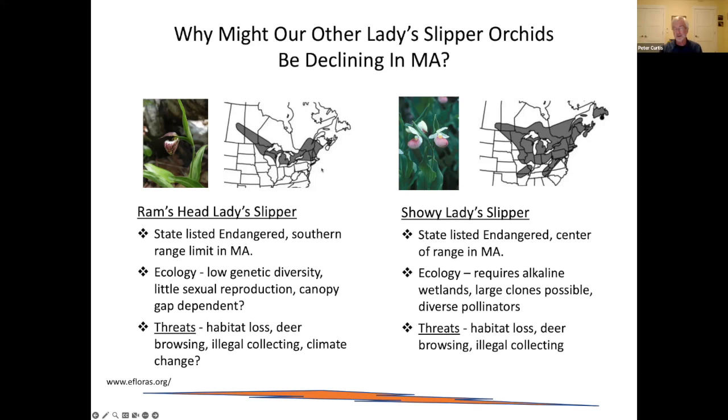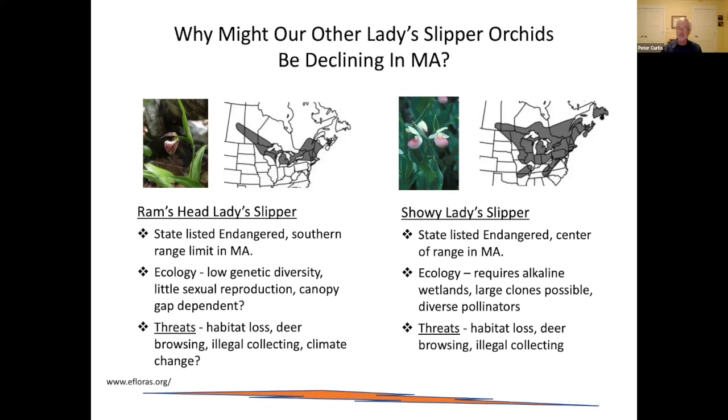Showy lady slipper orchid, the other one that we considered, doesn't share that same distribution. So we can't think about ourselves being at the southern range limit. It's also state endangered. Its ecology, though, is also particular. It requires alkaline wetlands, which have been drained and are otherwise disturbed. It can clonally reproduce, unlike, for example, pink lady slipper orchid, so that might work in its favor.